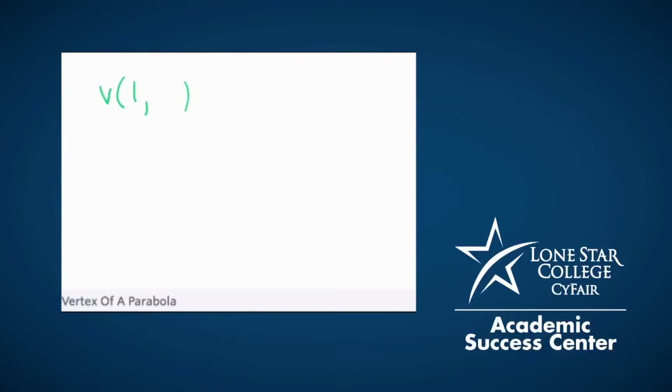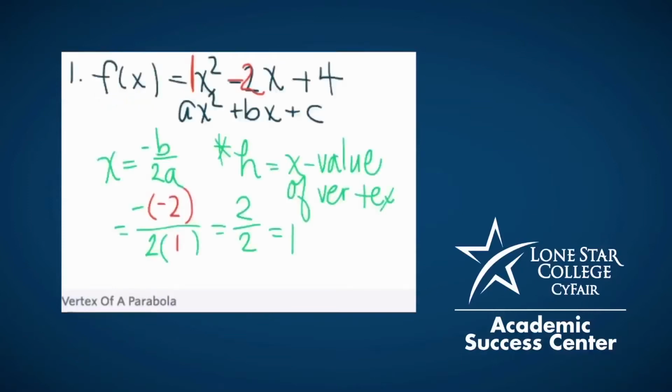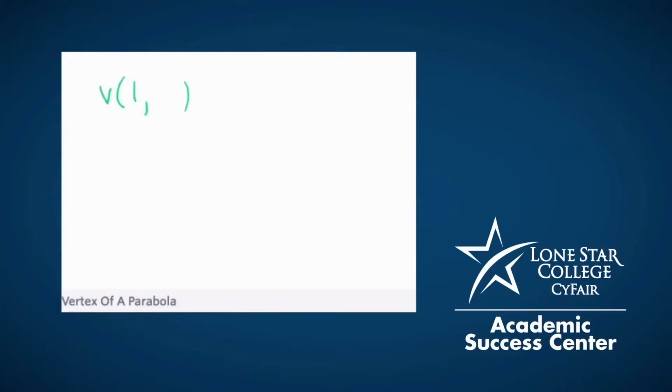Now we must substitute 1 in for every x in our function. So rewriting the function, f of x equals x squared minus 2x plus 4. Substituting 1, we have 1 squared minus 2 times 1 plus 4.